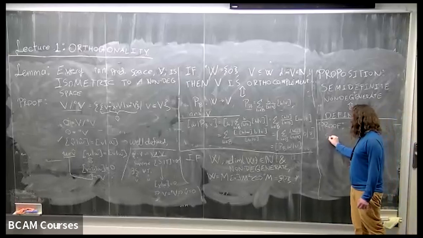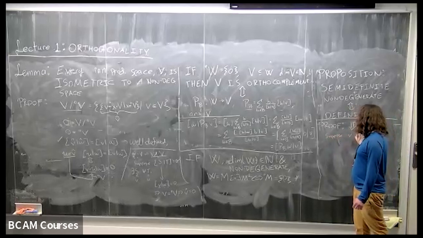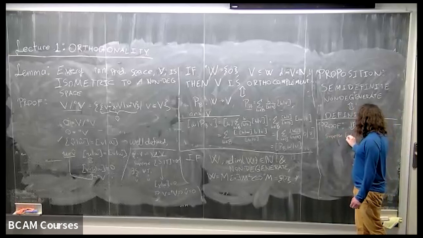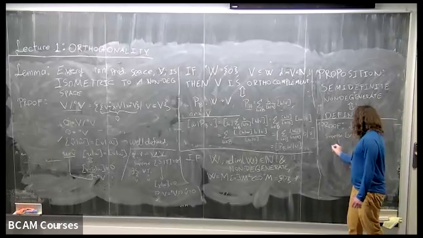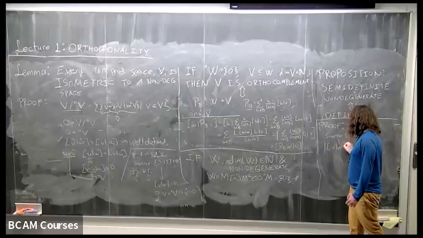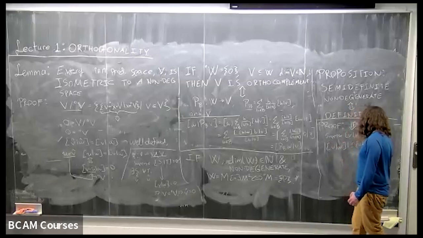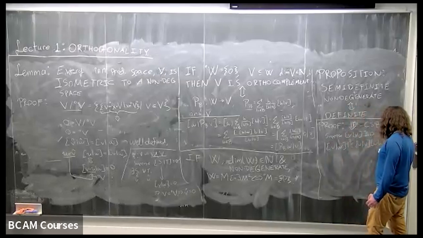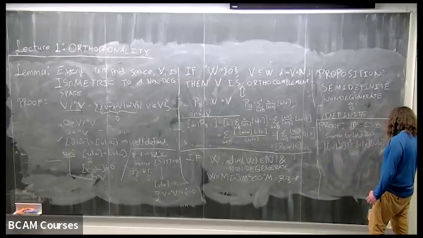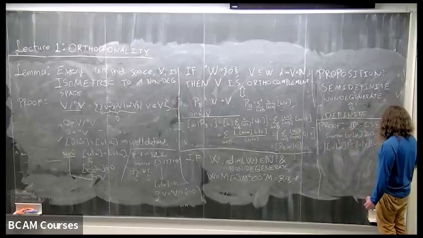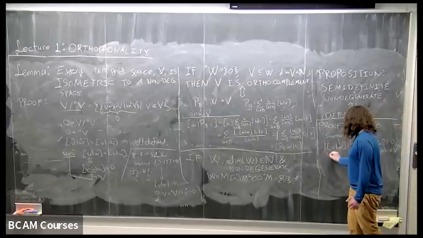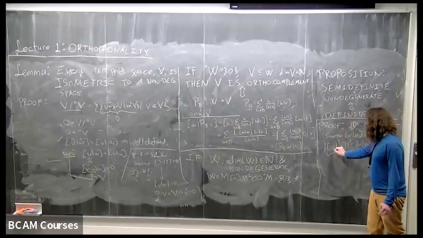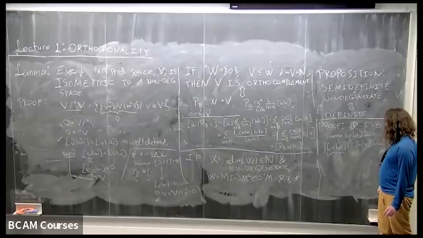Suppose there was one. Then by Cauchy-Schwarz, this inequality becomes true for all other vectors in the space, which I'll call V. Therefore, V is isotropic because V is orthogonal to W for all W. Therefore, the space is degenerate, which is a contradiction.